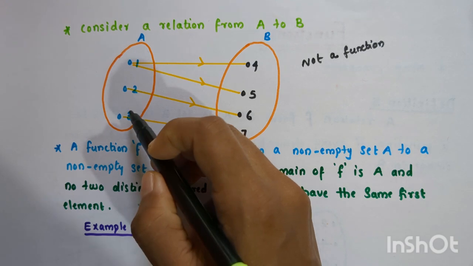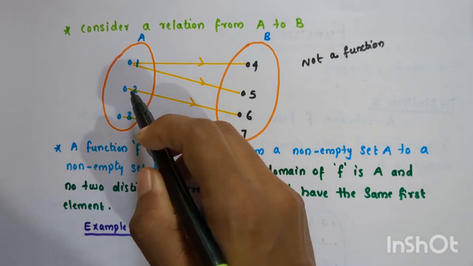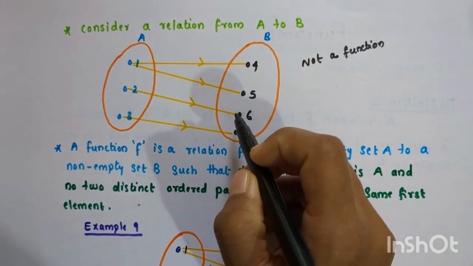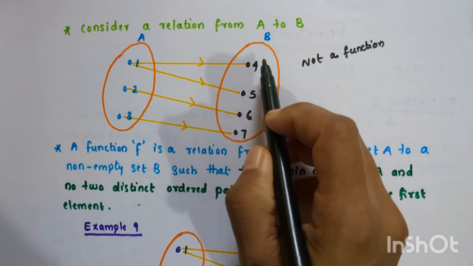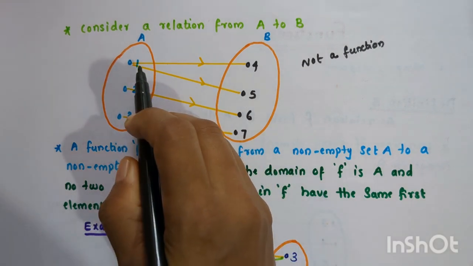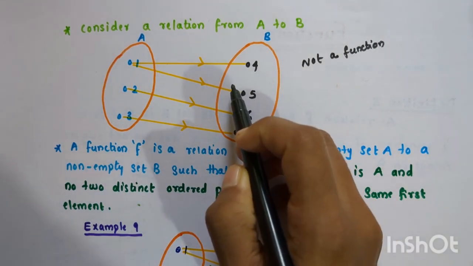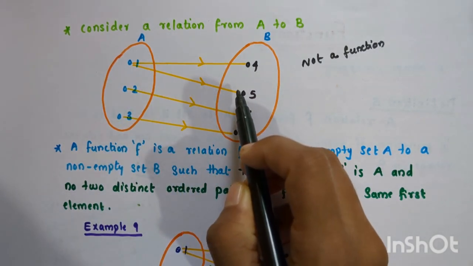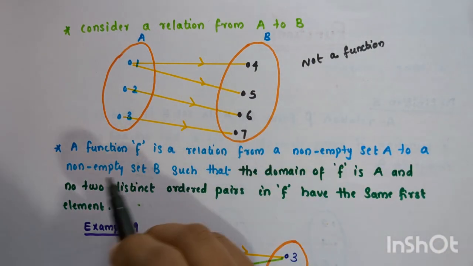The elements in the domain are connected to more than one image. Here, the element in set A has an image 4 as well as an image 5 in set B. That is, the element in set A has more than one image, which is not possible for a relation to be a function. So 1 has two images in B, and this relation is not a function.